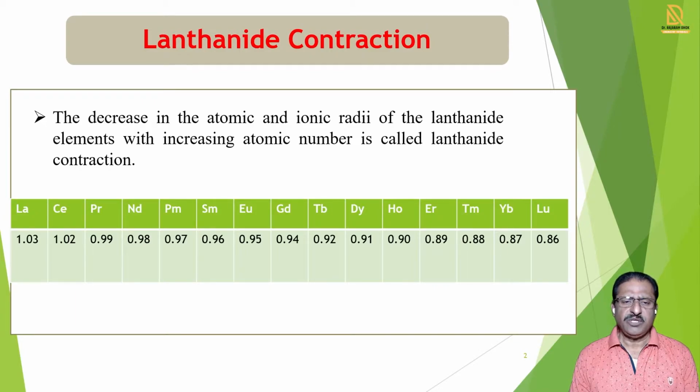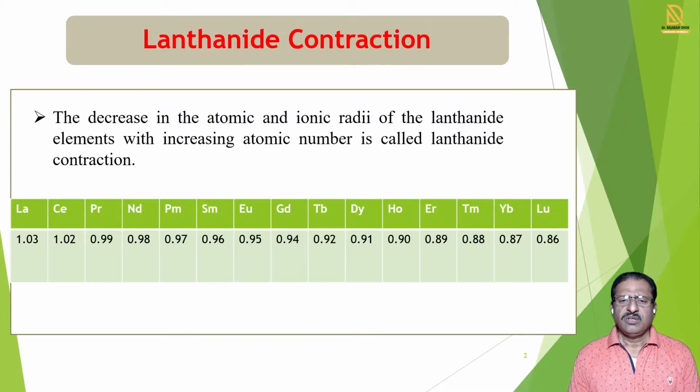And when the atomic radii decrease in the lanthanide series elements from left to right, from lanthanum to lutetium, as atomic number increases, such a decrease in the atomic and ionic radii is called lanthanide contraction.